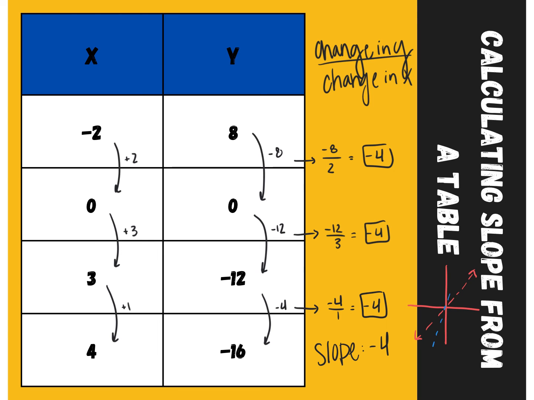So if it was +4, it might look something like this. However, a slope of -4 is still steeper. It's just going in the opposite direction. So a -4 slope is a line that's decreasing in value, just like the y values were decreasing in value, but it is a steeper line than 1, just decreasing instead of increasing.